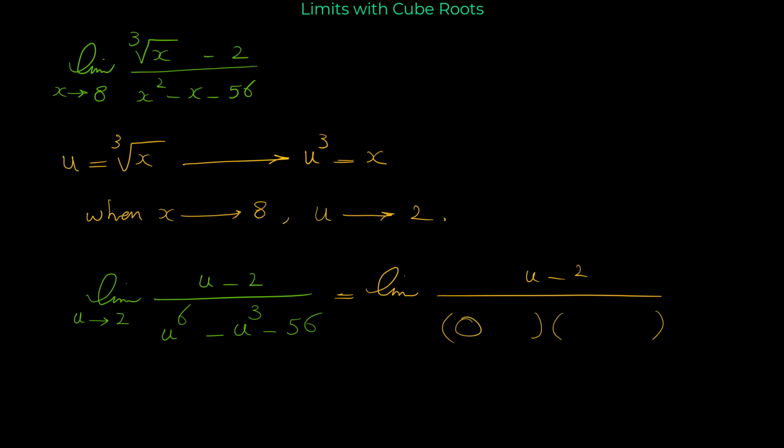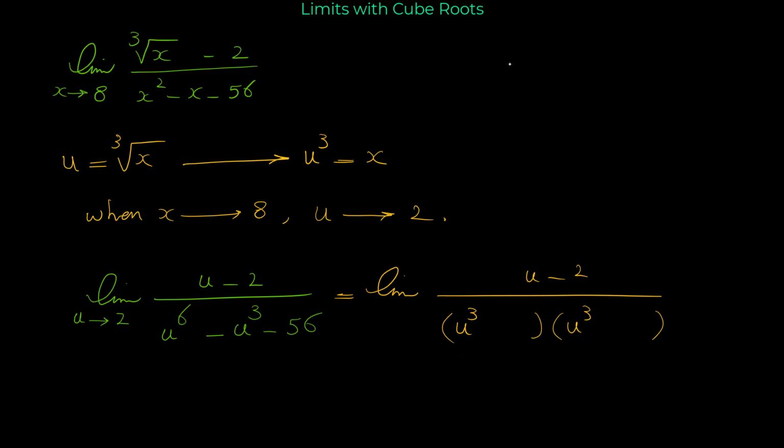Here and here we put x, but in this case the variable is u, and attention, instead of x to the 2 we have u to the 6. So what do we have to put in each bracket? You have to put u to the 3, not x. And the reason that we put u to the 3 in each bracket is that u to the 3 times u to the 3 is u to the 6.